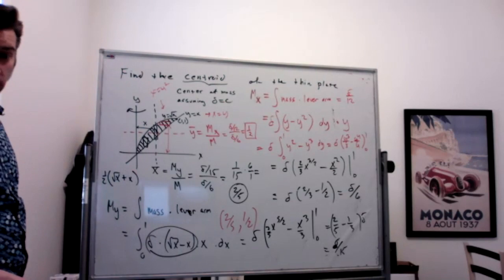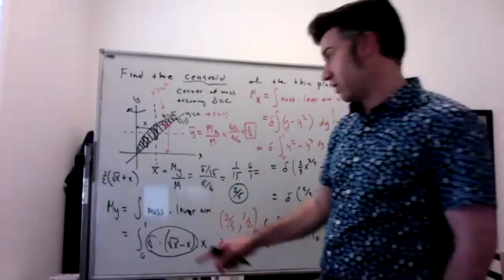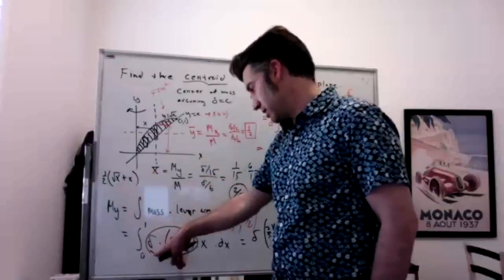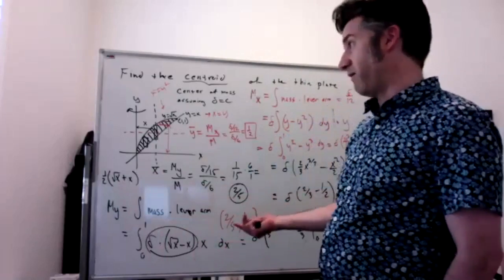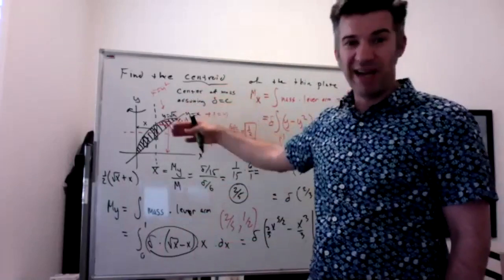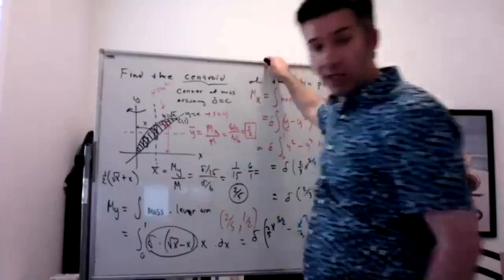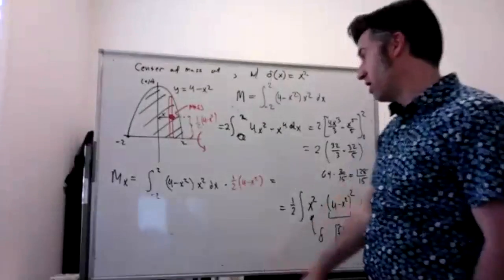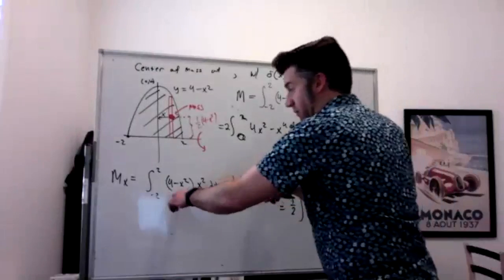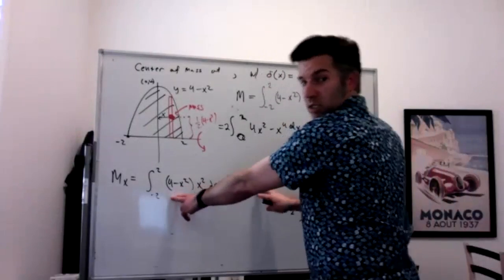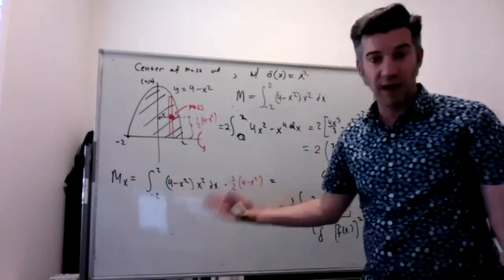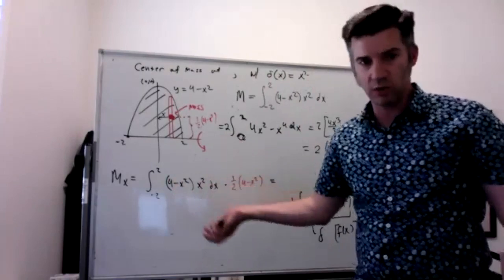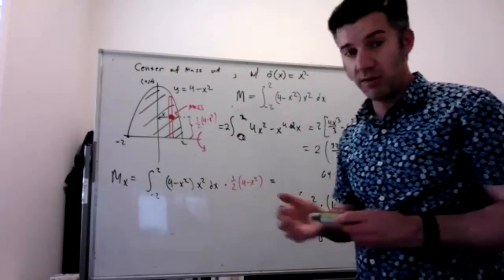What ended up working out is you get 1/2 this times this is what you're integrating, which simplifies to 1/2 the top function squared minus the bottom function squared, which is exactly what we have here. We have 1/2 the top function squared, 4 minus x squared times 4 minus x squared, minus the bottom function squared, but the bottom function is 0, so it's not showing up. But we did do it the other way.